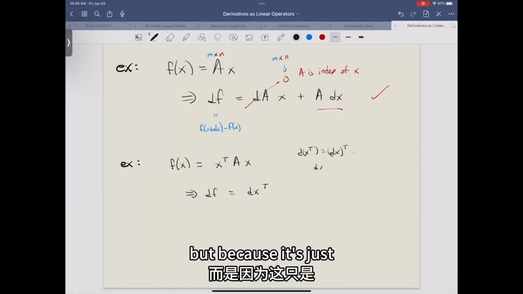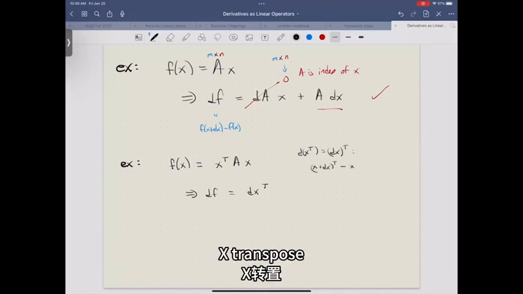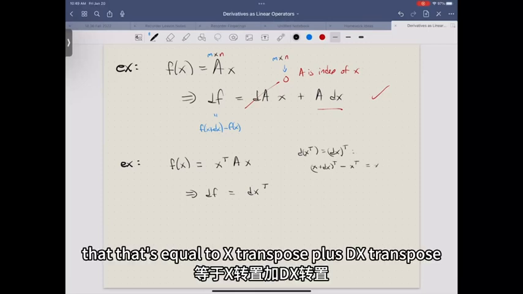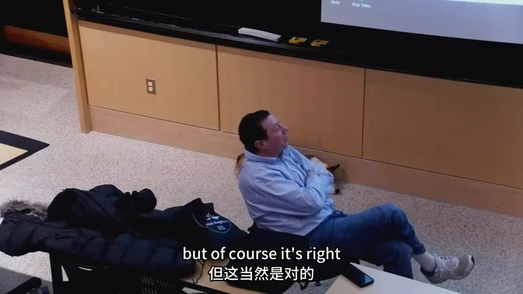Because d(x transpose) is really (x plus dx) transpose minus x transpose, which is x transpose plus dx transpose minus x transpose, so that's dx transpose, right? I would have thought of it that way, but of course it's right.